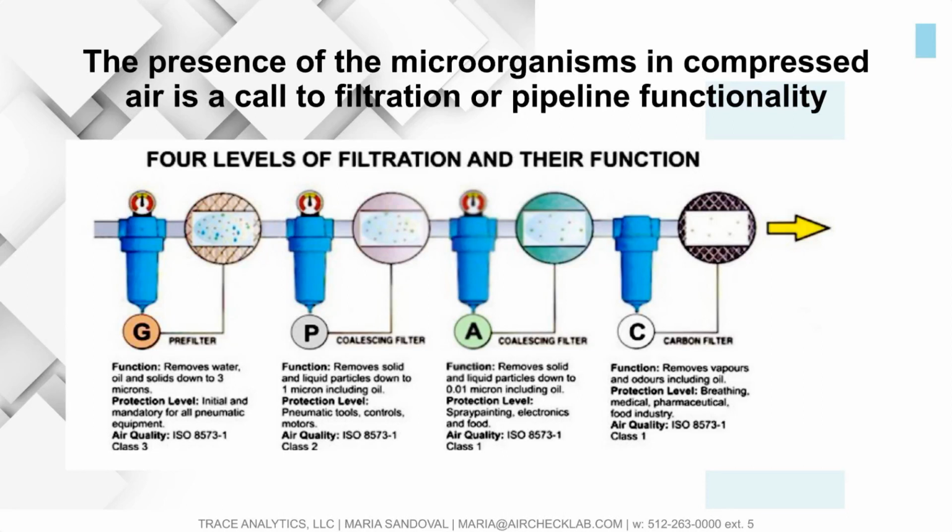So when you install your oil-free compressor on an oil compressor system, what you're doing is just changing out the compressor, but the air is still contaminated with oil from the previous compressor. So when you're thinking about validating a compressor for food grade air, you need to be thinking about the pipeline functionality. Is the piping appropriate for the compressor that you have? Is the piping appropriate for the compressed air grade that you want?